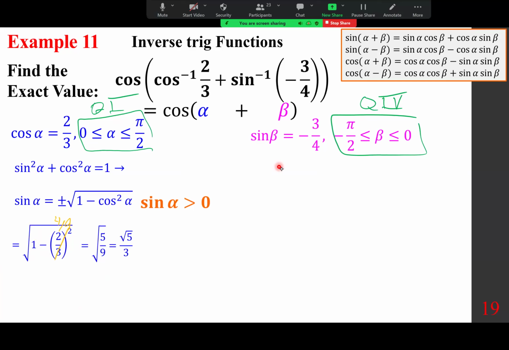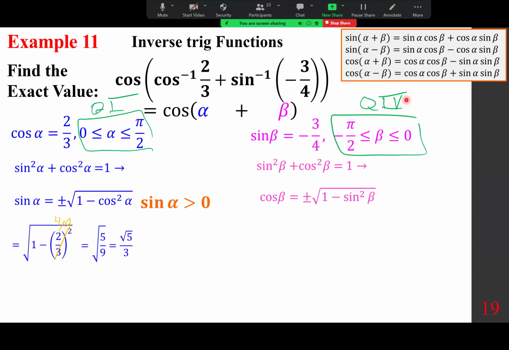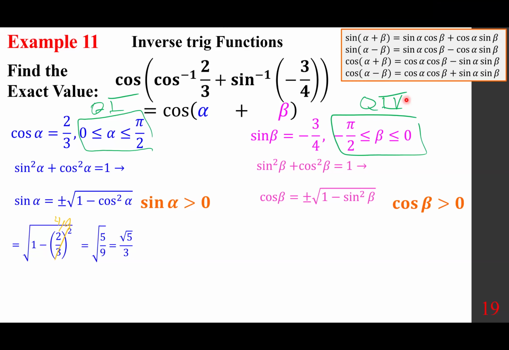Sine squared plus cosine squared is 1, and cosine is plus or minus the square root of 1 minus sine squared, just like that. However, in quadrant 4, cosine is positive. Okay, it's important to know. Cosine is positive in the 4th quadrant, right? Everybody remembers that?